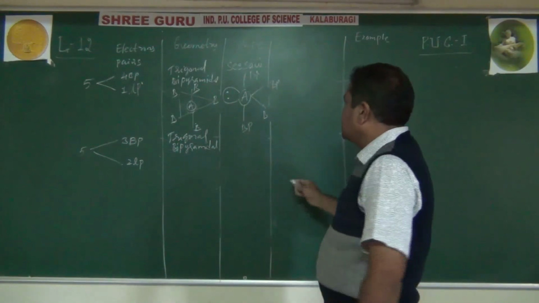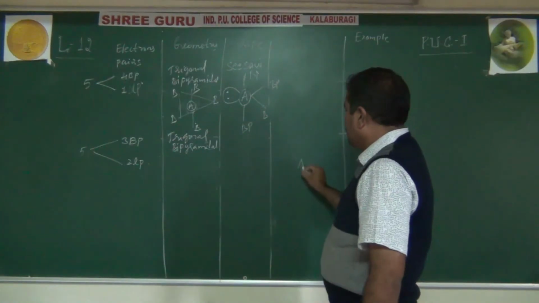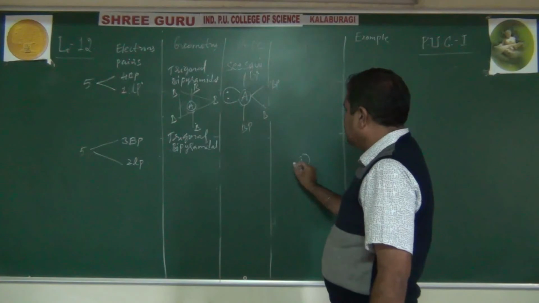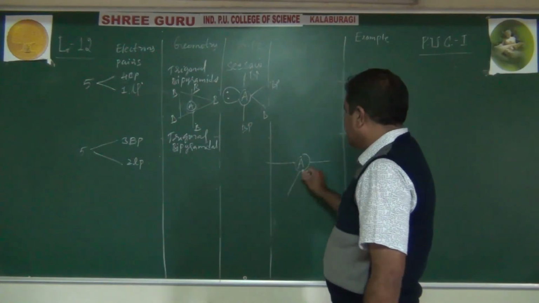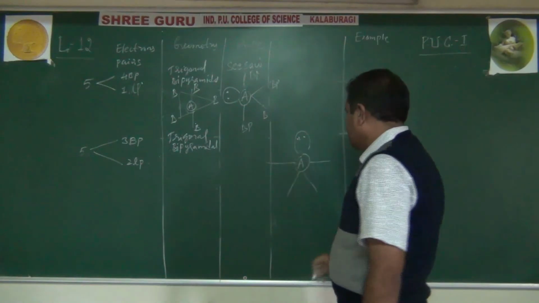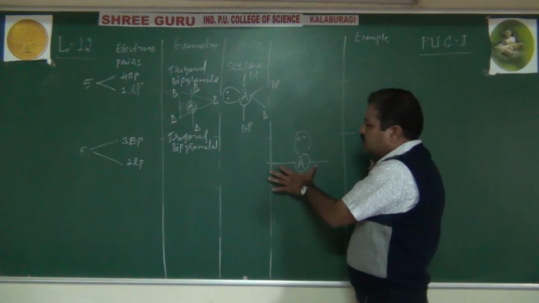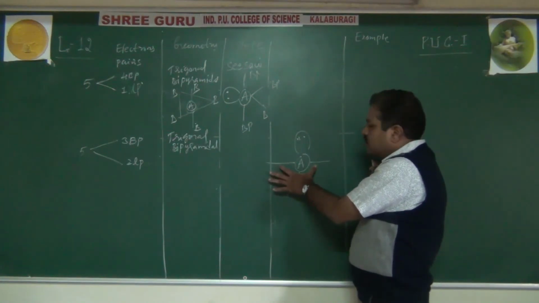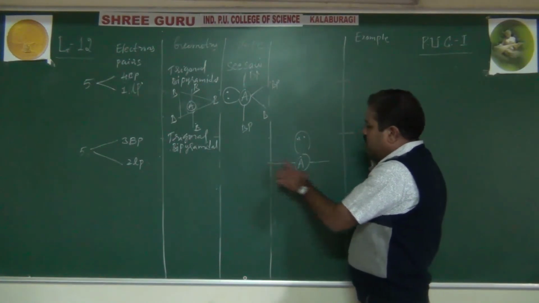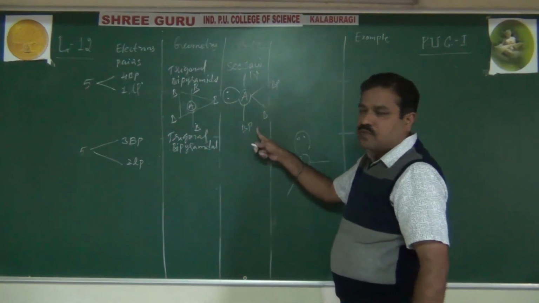It is seesaw because if you tilt this one, see what it becomes, like this, and 1. These are bonding pairs. Seesaw is like the playground seesaw, with one child on this side and one child on that side. That is called seesaw.